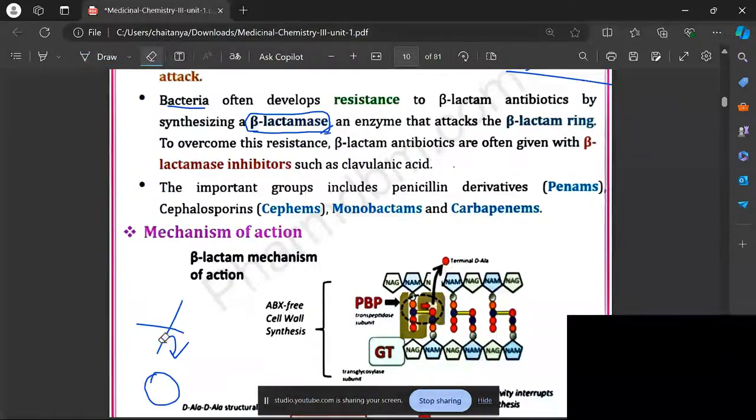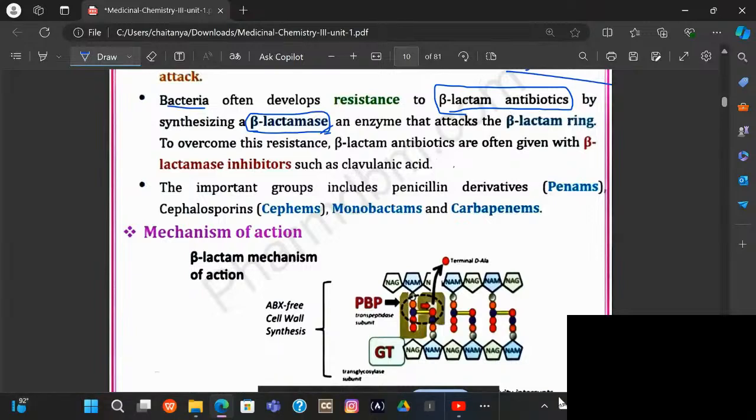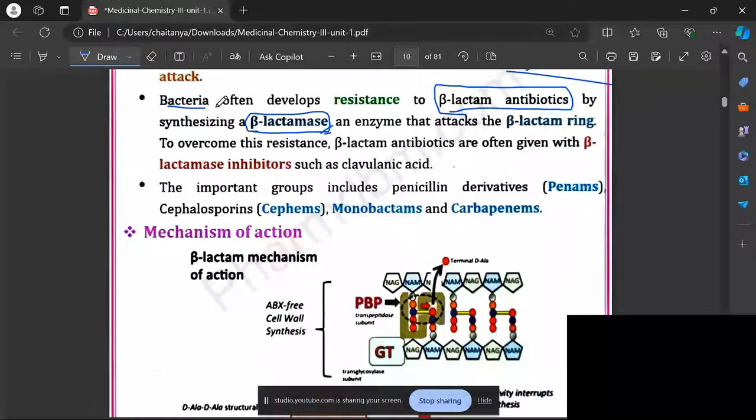So nowadays beta lactam antibiotics are not as potent as in the olden days, due to resistance arising through plasmid DNA technology.